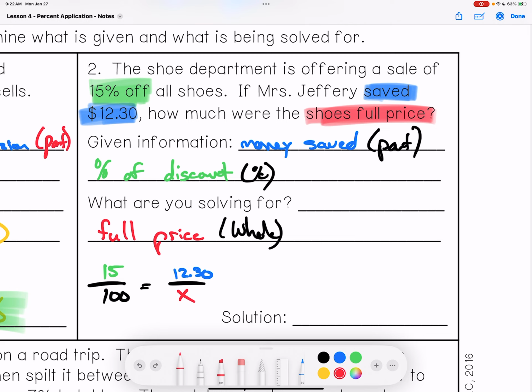Or the way we're going to do it together is everybody in your calculator do 100 times 12.30. Keep that number in your calculator. You're going to get 1,230. Take that number and divide it by 15. And you are going to get 82.